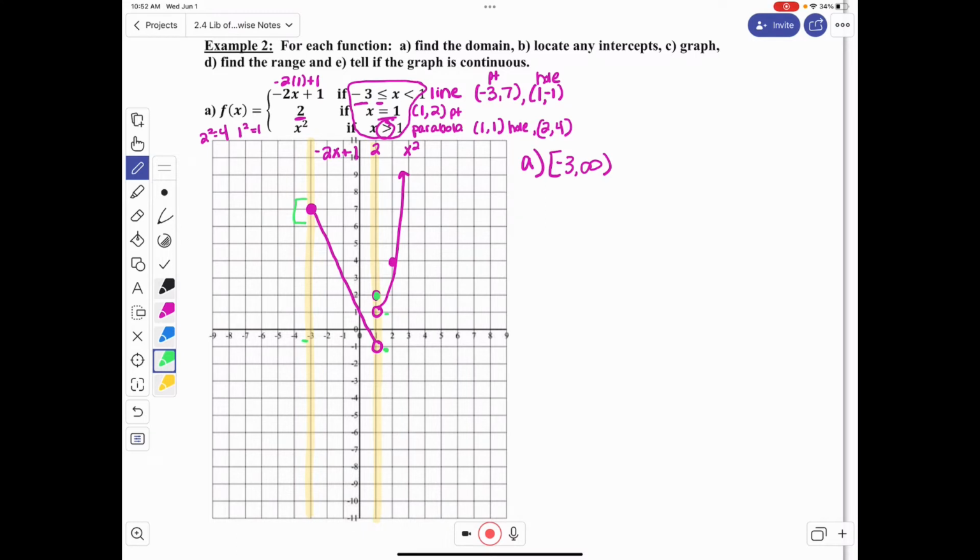It's got the x value. We do have a solid point at 1, even though we have a hole at 1. We do have an x at 1, and then it's going here. We've got the arrow here. It's going up and to the right forever, so that covers infinity. Okay, so we've got that covered. All right, let me erase my green dots here. Okay, and we'll color this back in pink.